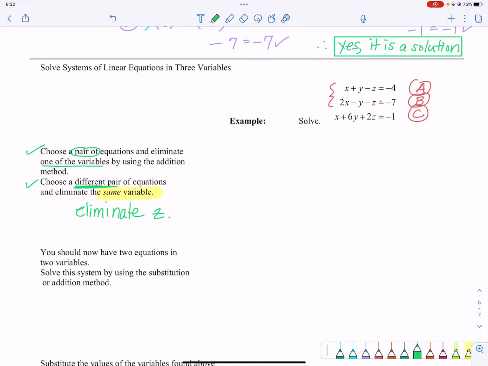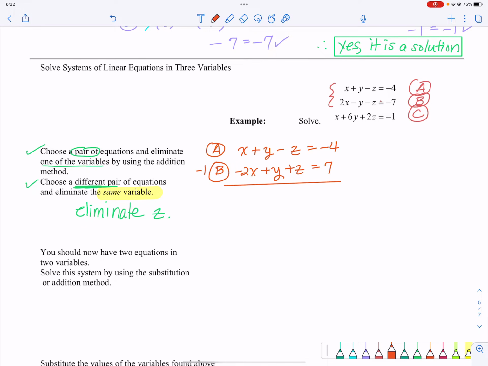So in order to eliminate Z, we're going to need to multiply equation B by a negative 1, okay? So we're going to have equation A, and then negative 1 times equation B. When we add these up, as you can see, we eliminated Z, and we have negative x plus 2y equals 3.